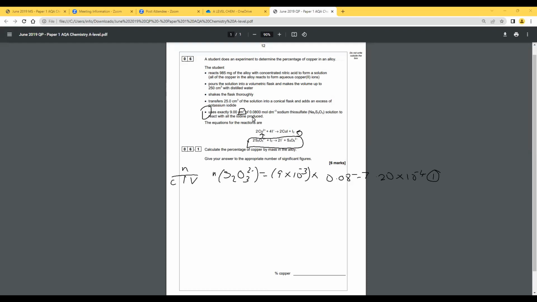So the moles of copper in this 25 centimeters cubed of solution is going to be the same as the moles of sodium thiosulfate that we have just calculated, because the ratio has not changed. So we're going to write it like this.